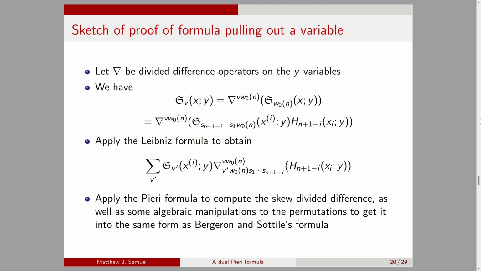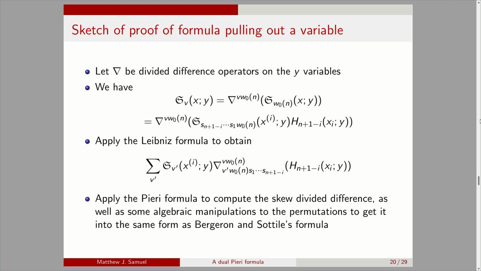So I can prove this formula on the slide pretty easily. First, we're going to let nabla be the divided difference operators on the y variables, which is more convenient in this case. You'll note that in acting on the y variables, I flipped the sign of the divided difference operators, so it's alternating.